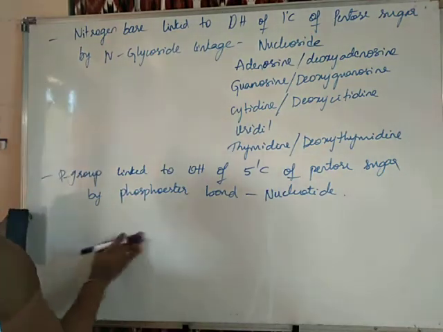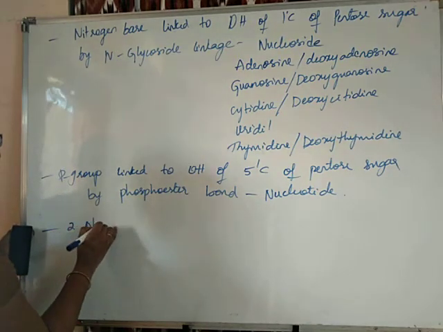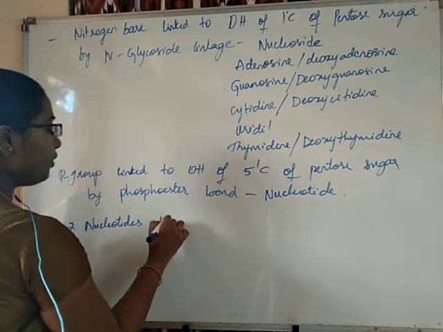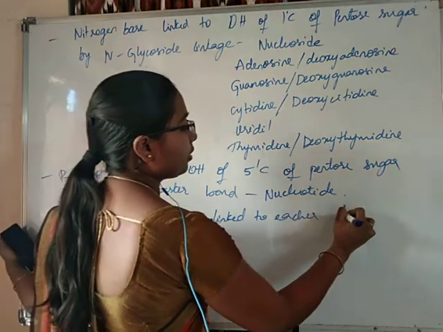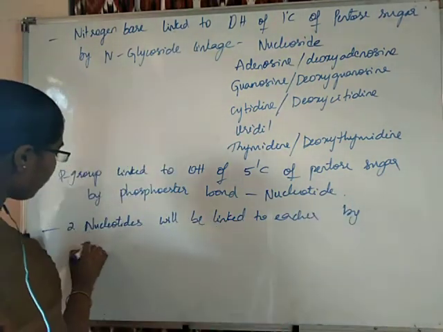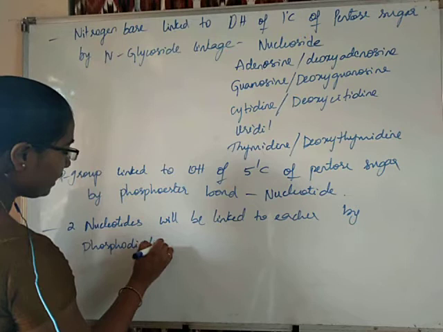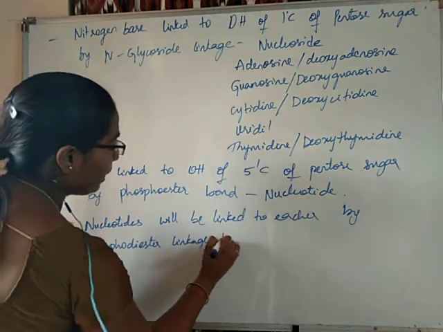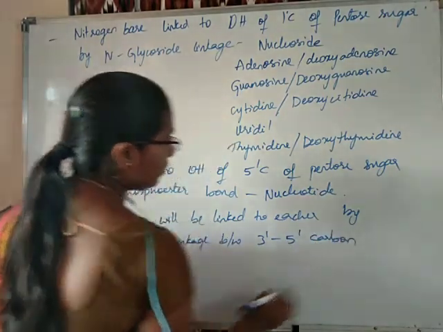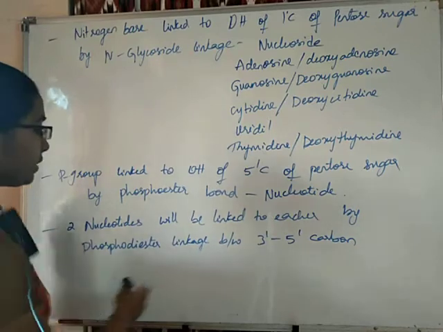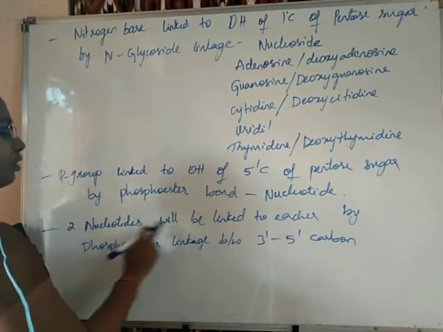And now two nucleotides will be linked to each other by a phosphodiester linkage between the 3rd and 5th carbon of the pentose sugars. Between the 3rd and 5th carbon of the pentose sugars, there will be a phosphodiester linkage connecting the two nucleotides.